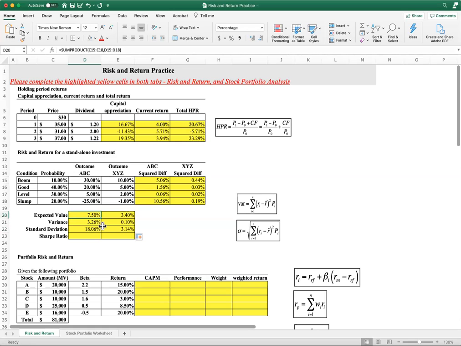So between negative 10.5% and 25.56%, you have about a 65% chance. The 65% is the distribution percentage, where you have a 65% chance of getting a return that is between negative 10.5% and 25.56%.